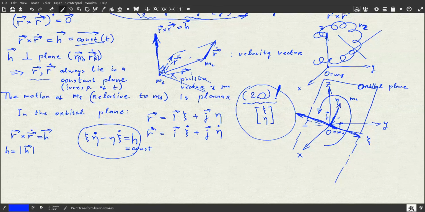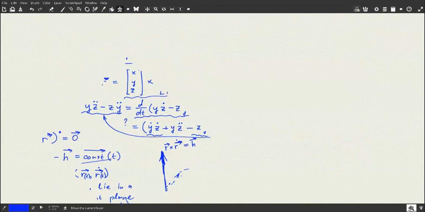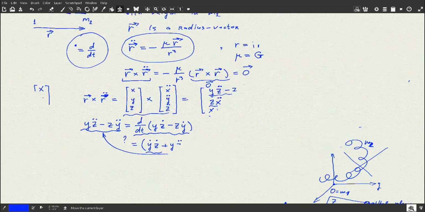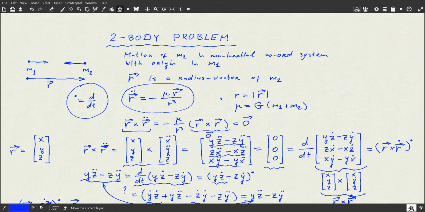To simplify things further, we will now introduce polar coordinates in our psi eta plane. The first step which we did was obtaining this equation which we did last time, r double dot equals minus mu r over r cubed.